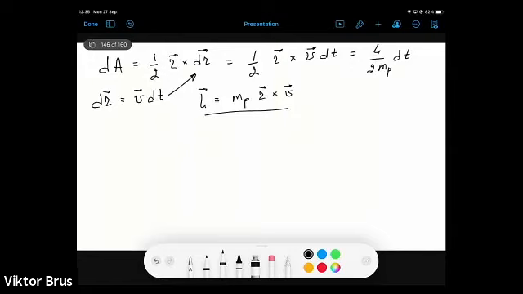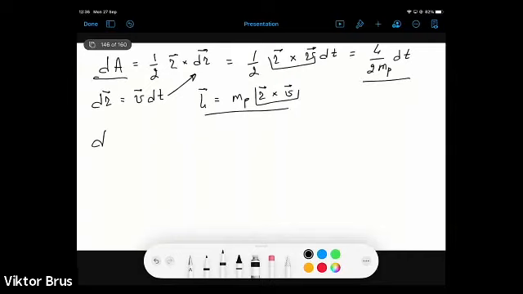So we made this substitution, and we have this vector product here, and that's why we can substitute the vector product with angular momentum, but instead we need to divide it by the mass of the planet. And now we can rearrange the left and right parts.